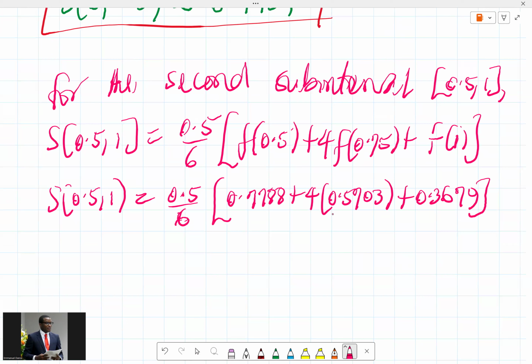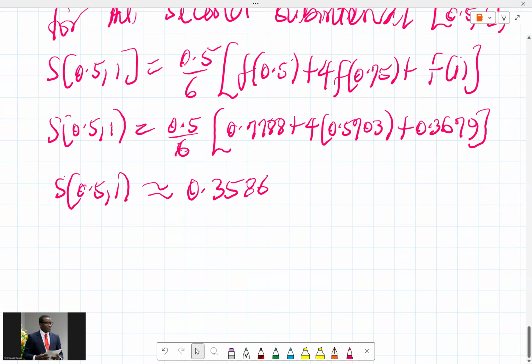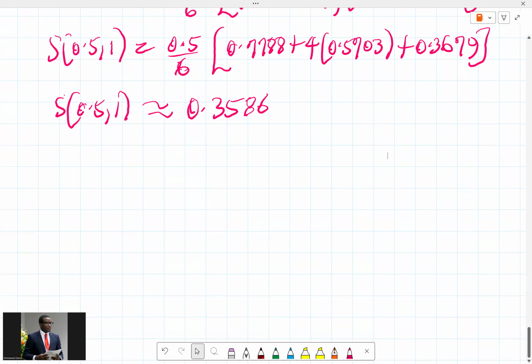We've seen this before. So S of 0.5, 1 is approximately 0.3586. So we have that refinement. We move on to the next step, where we refine the interval.